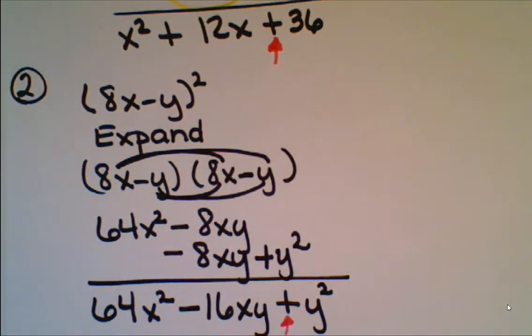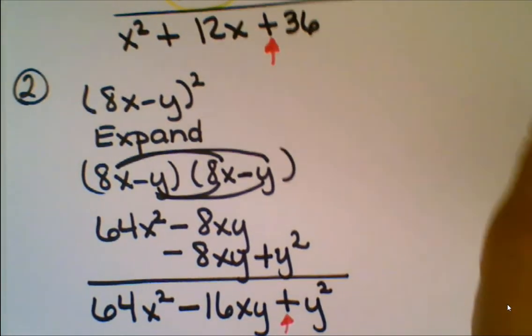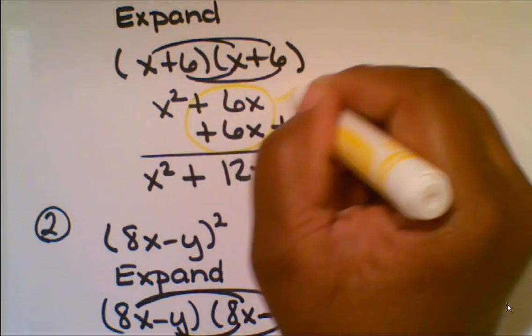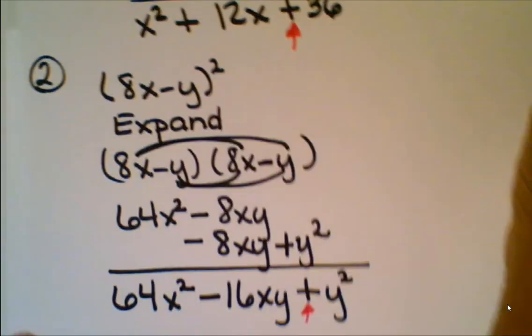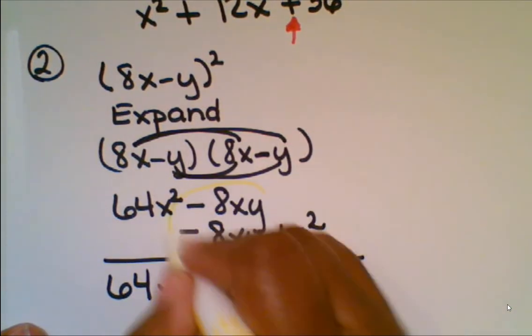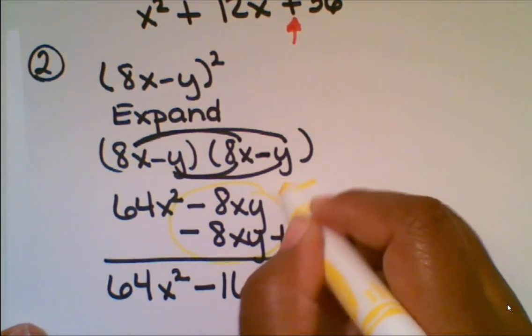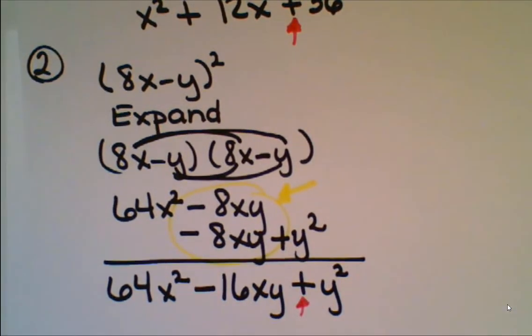But here again, be mindful, squaring of a binomial, the middle terms are going to match exactly. They're going to match exactly. So if they're matching exactly, then it means that we're going to be adding those middle terms.